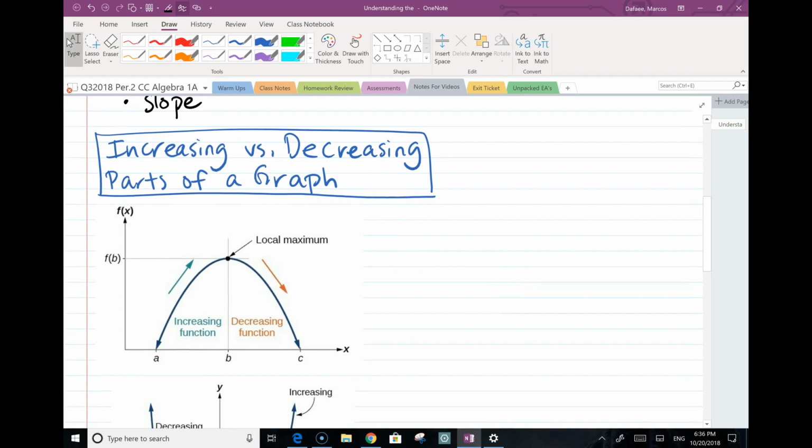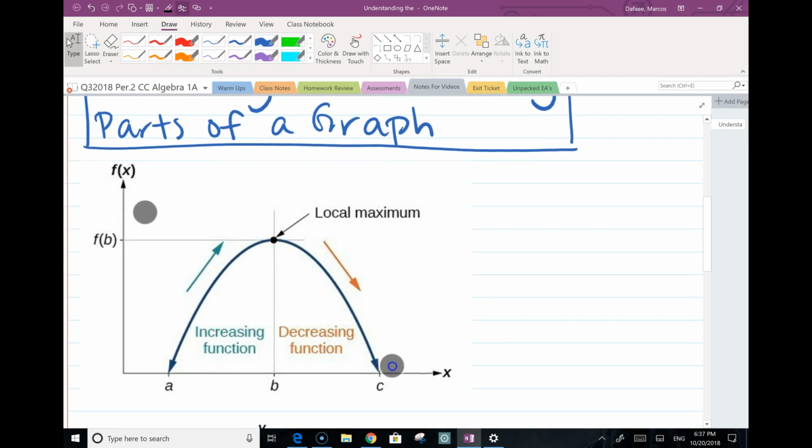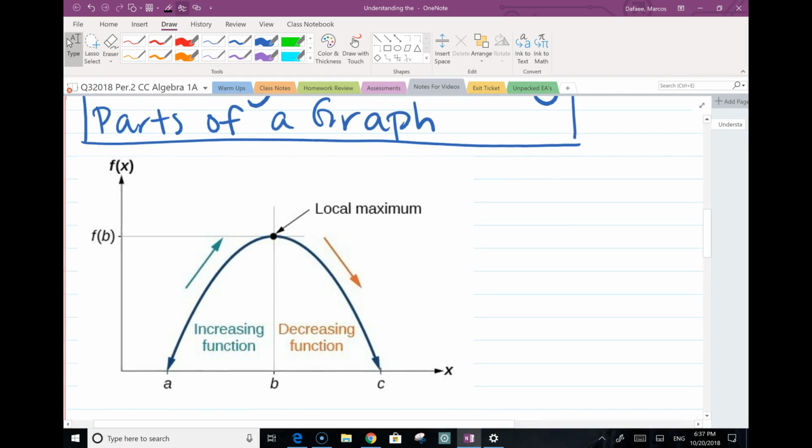So the idea of slope is that slope can have several different definitions, but we're going to focus primarily on increasing versus decreasing. And you can see in this example of this graph that this part over here is increasing, whereas this part over here is obviously decreasing.